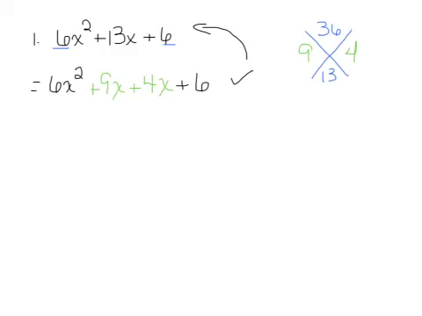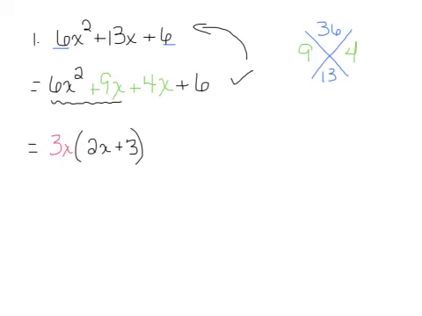So we're going to just look at the first two terms. And we're going to say, what do they have in common? They have a 3 and an x in common. So I'll factor out a 3x, and that leaves me with 2x plus 3.